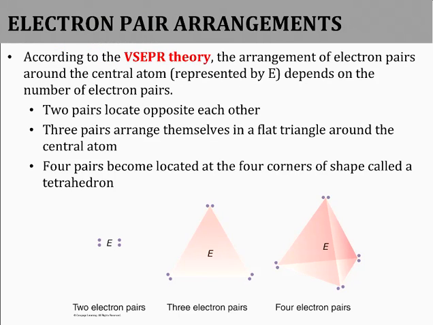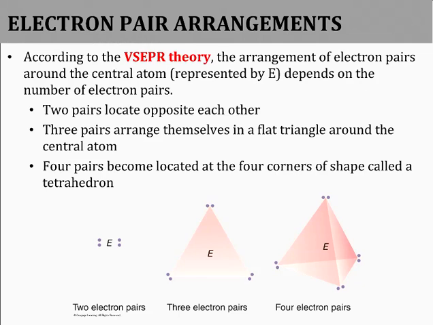All right, so now for electron pair arrangements. According to VSEPR theory, the arrangement of electron pairs depends on the number of electron pairs. So this is what we were discussing earlier.